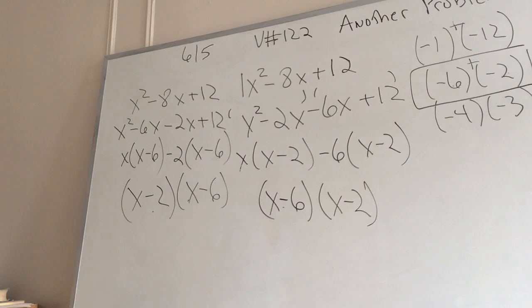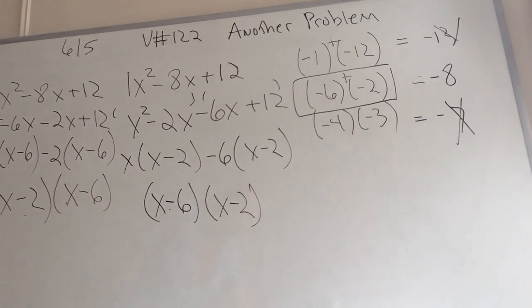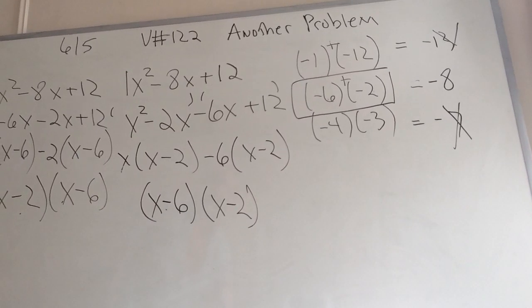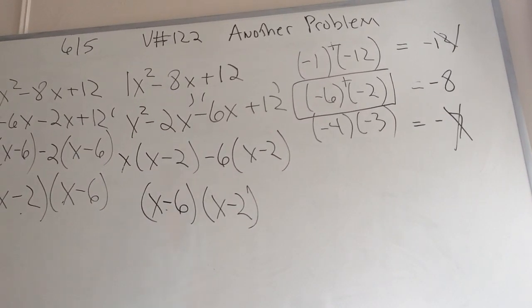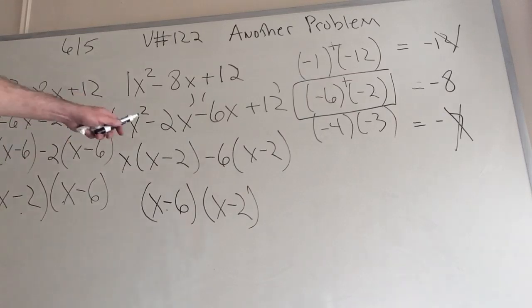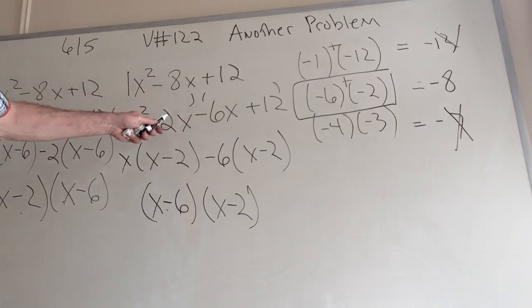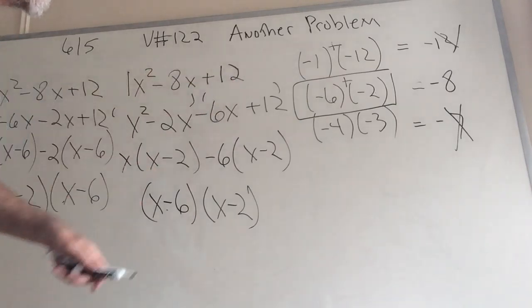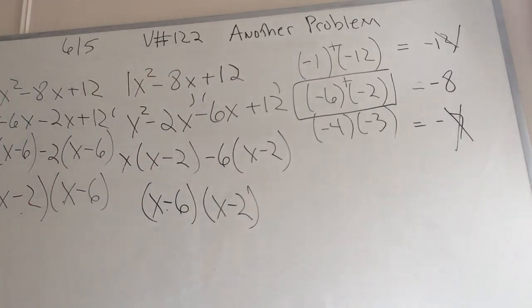So there's a problem where the middle term was negative. We should think about what I did, and let me put it so you can see everything going back. How I chose negative 2 and negative 6 and no one else. And if I couldn't find a pair that adds up to this and at the same time multiplies out to this, then we agree it's not factorable.